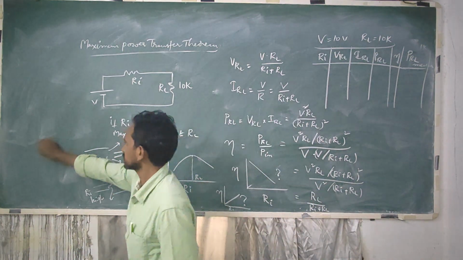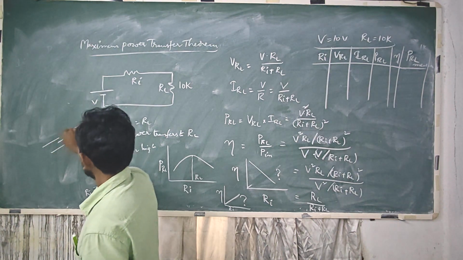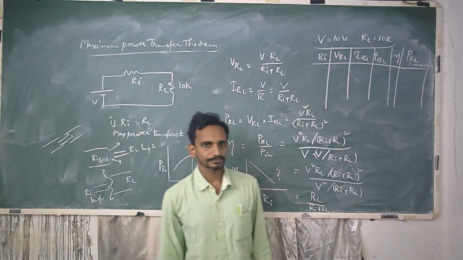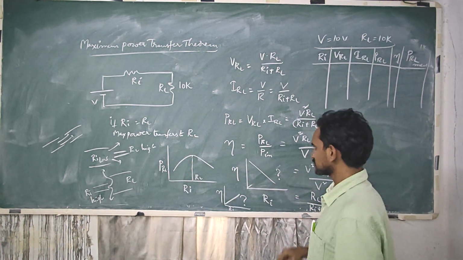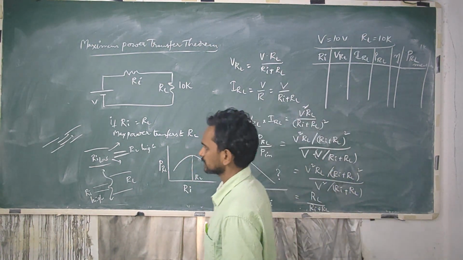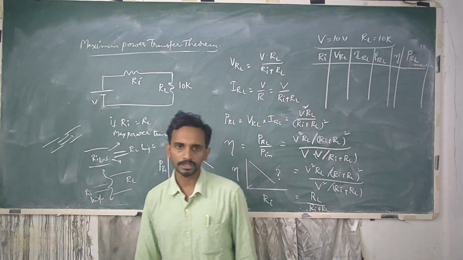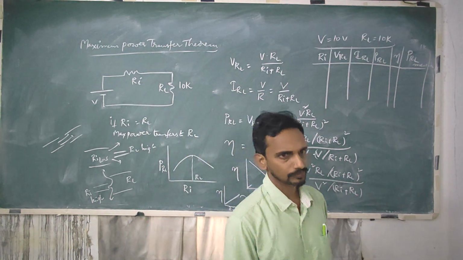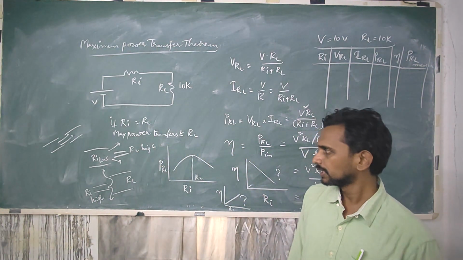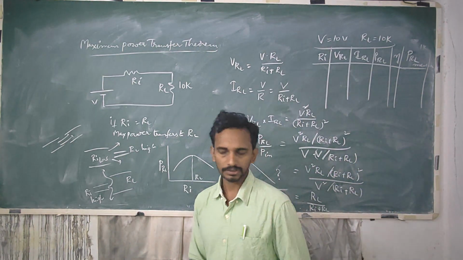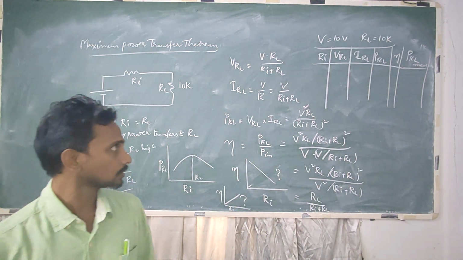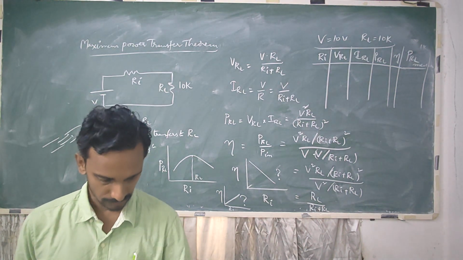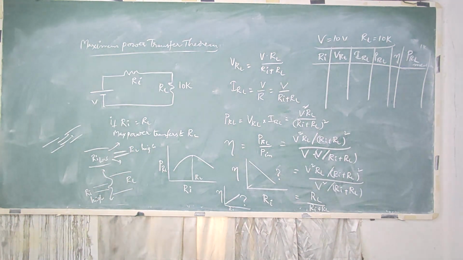But when Ri is equal to RL, maximum power will be transferred. So that is what the theorem says. But efficiency wise, the internal resistance of the circuit must be very high. Then only efficiency will be more. So that can be verified once you work out it, you can verify that. Okay? Done.